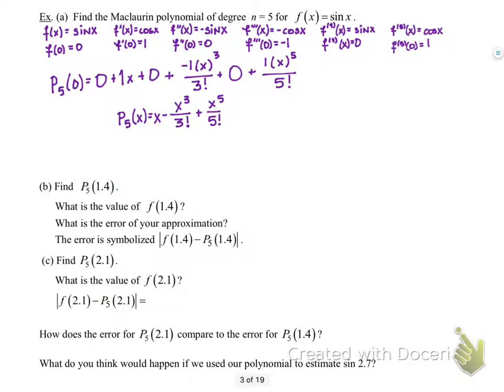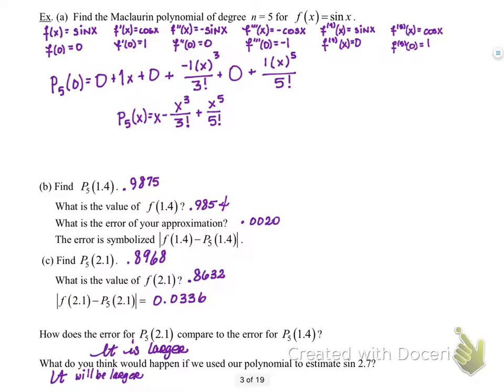What you're going to notice is that the error at 2.1 is going to be greater than the error at 1.4 because it's a Maclaurin series, so it's centered at 0, and 1.4 is closer to 0 than 2.1.